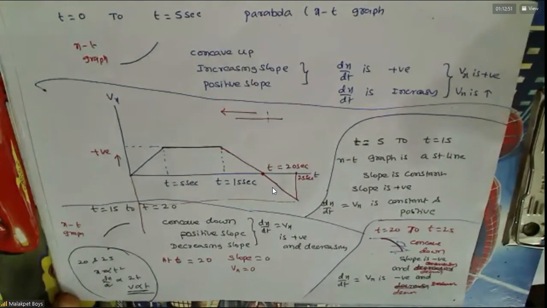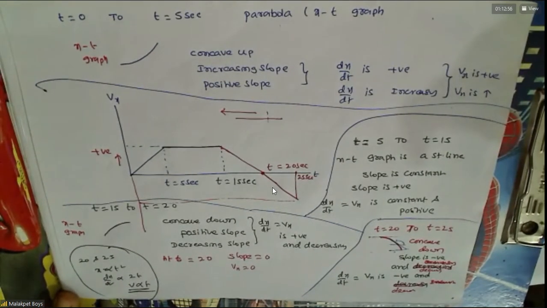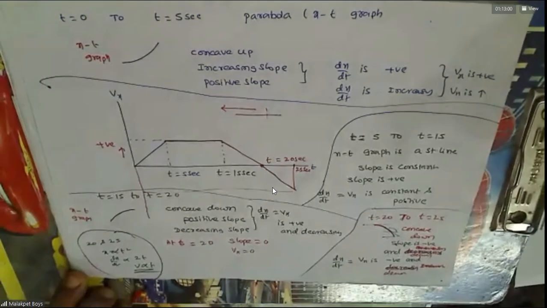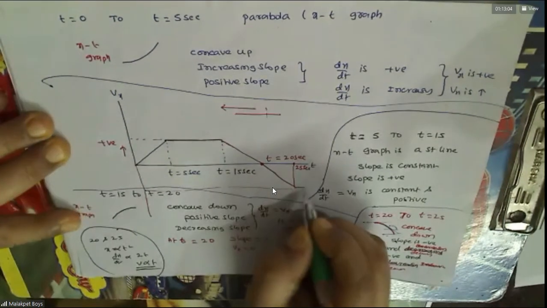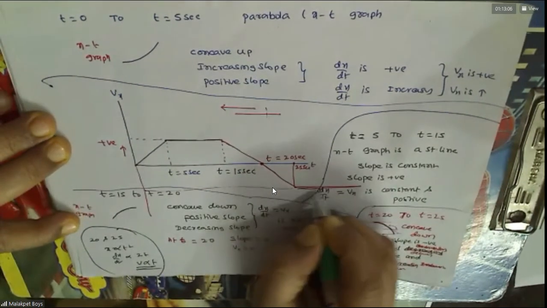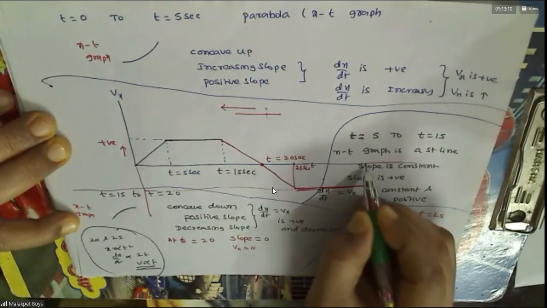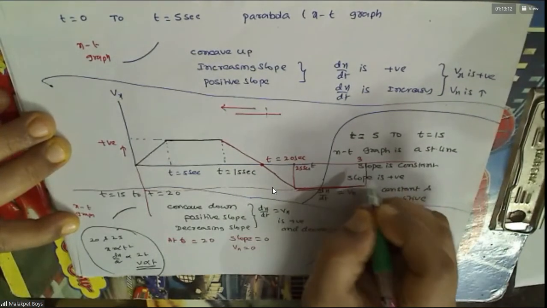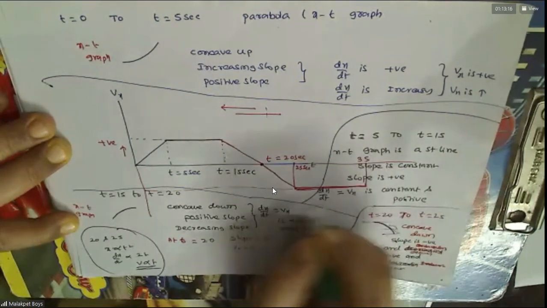That means velocity is constant and negative. So I'll draw here. This is constant as well as negative, till 35 seconds. The graph will be like this.